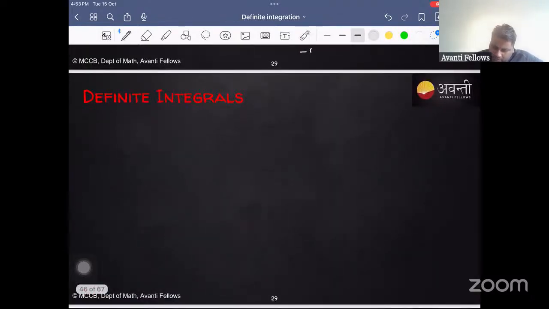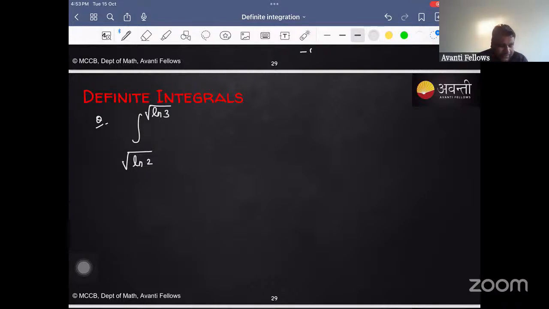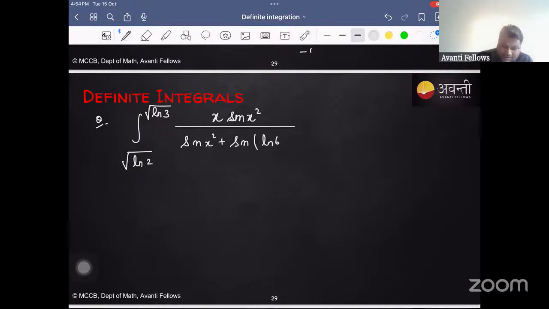Now let's do another question. Another very, very good question from JEE 2011. Find the value of the integration from under root of ln 2 to under root of ln 3 of x sin x square upon sin x square plus sin of ln 6 minus x square dx.